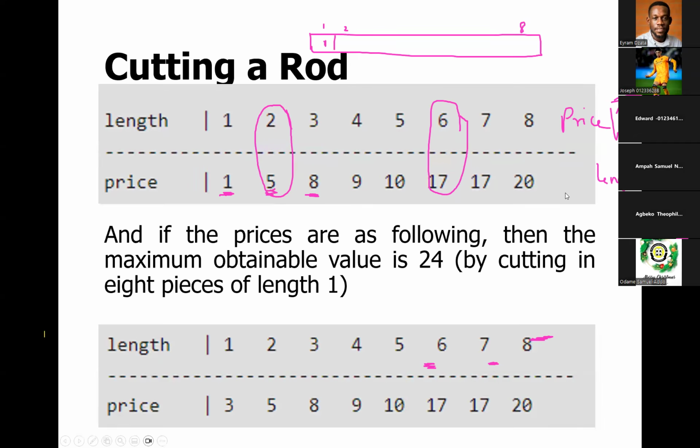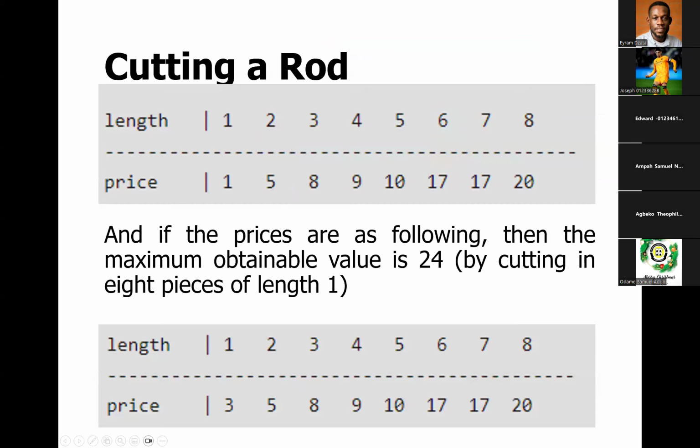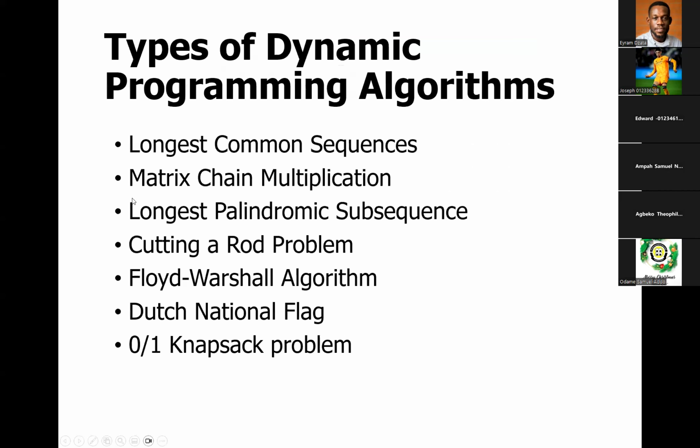So basically, this is one of the dynamic programming problems. I listed a couple of dynamic programming algorithms or problems. We have the longest common subsequence, which we looked at. Then there's rod cutting. I'll advise that you read on matrix chain multiplication also.